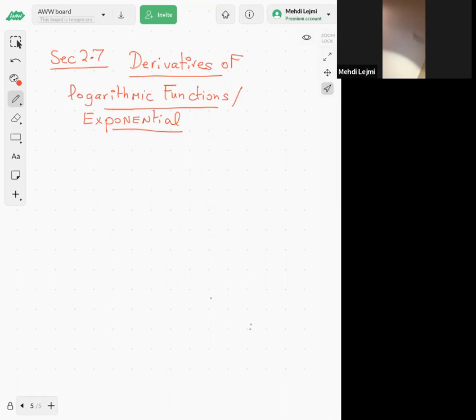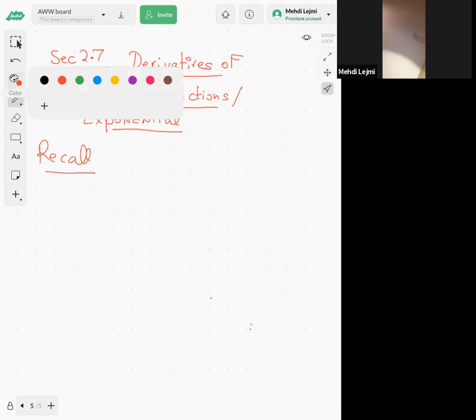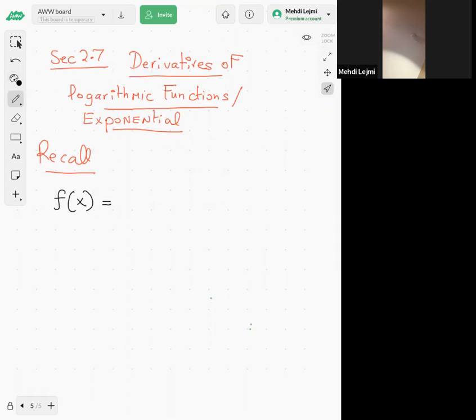So what's the exponential function, guys? Let me first remind you. Let's say f of x. When you write some number a to the power x, this is the exponential function with base a, where a is supposed to be a real number.